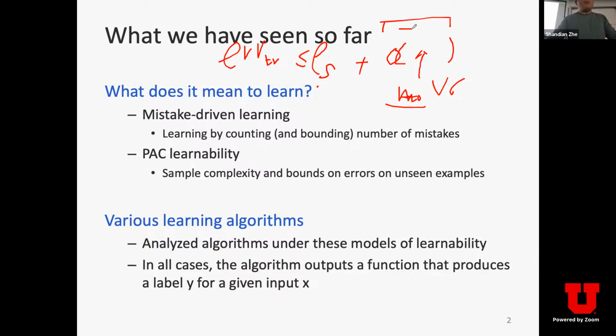It's not that the better I fit the training data, the smaller the generalization error I will have. So you do need to consider the effect caused by model complexity. That's why looking at PAC learnability and the computational learning framework is useful.